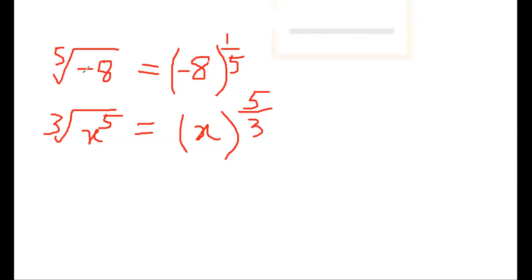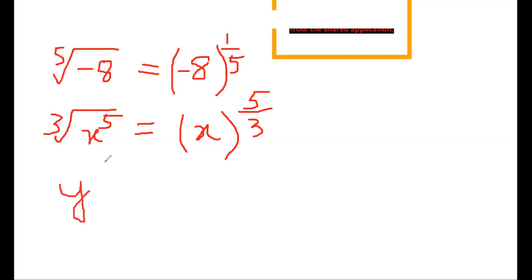Now here we convert a radical expression into an exponential form. Now there is the vice versa. If we take a question in exponential form, y to the power 3/4, and we convert it into a radical form, there is the same method.